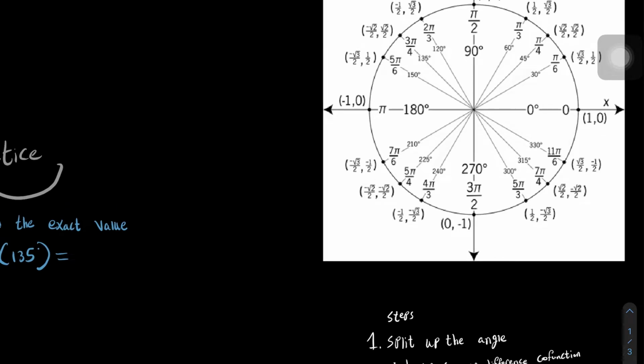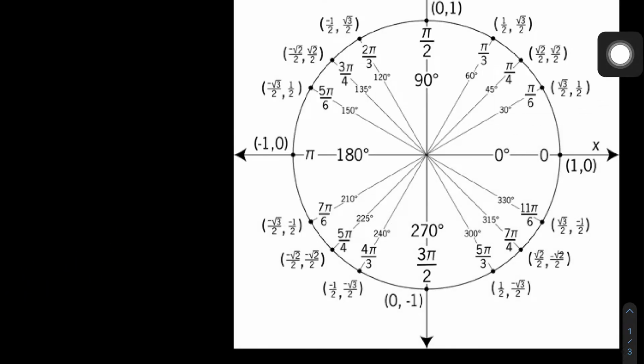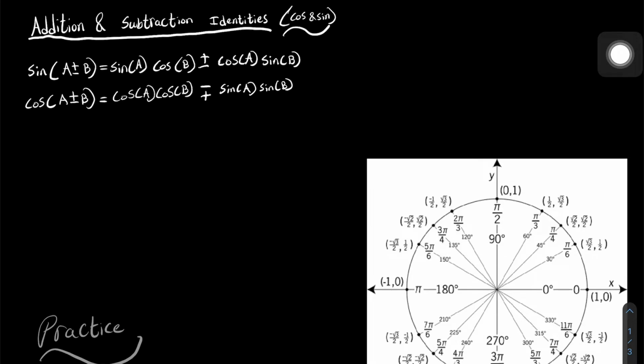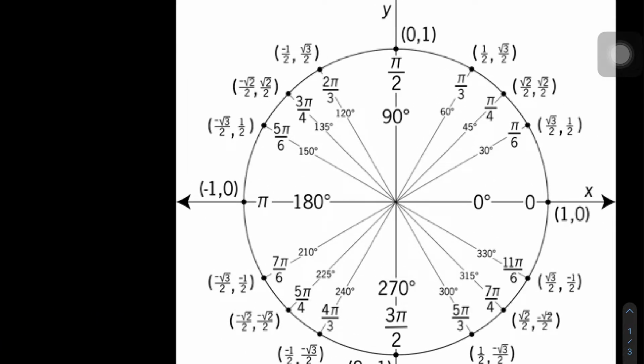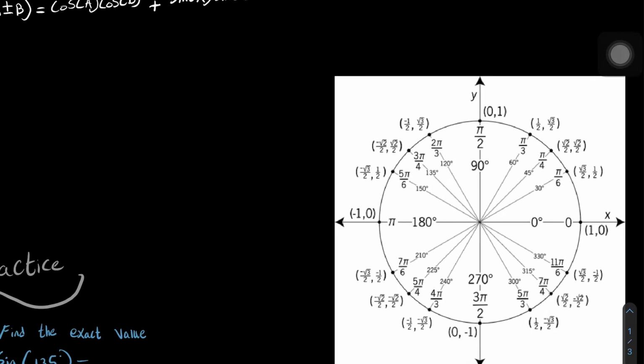We want to split it up based on the angles we find on the unit circle. In our scenario, we're going to do a sum formula, meaning that we want two angles from the unit circle that add up to 135. I'm going to choose 90 and 45 degrees, because 90 plus 45 is 135, which is the angle we want to find.